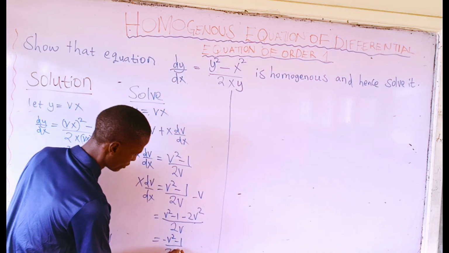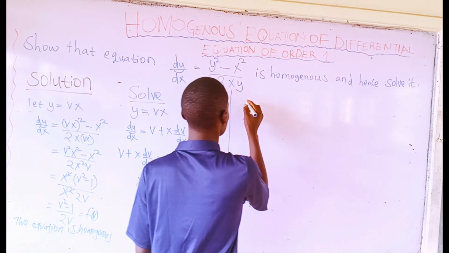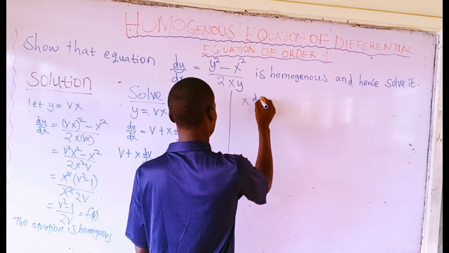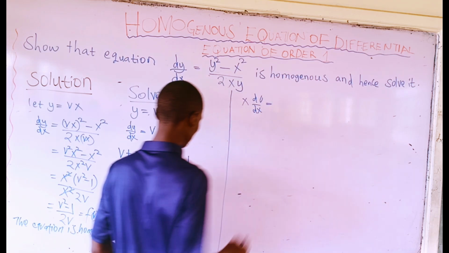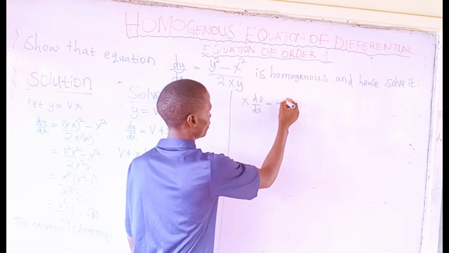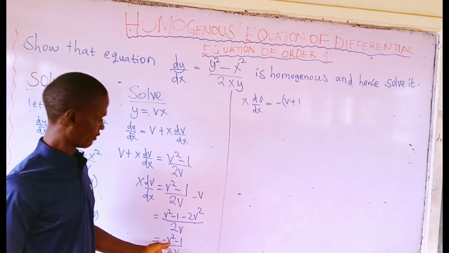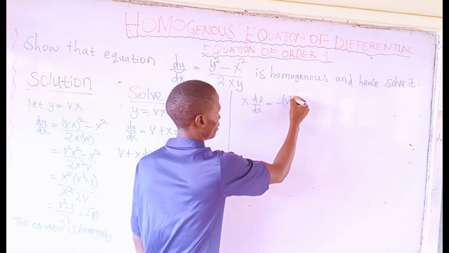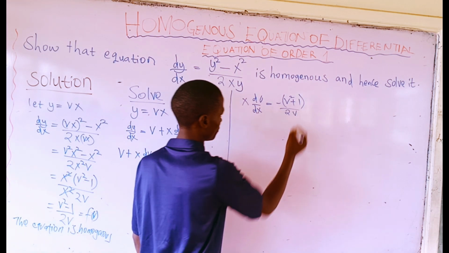After writing this equation, the next step we are going to factor out the negative sign, which will be negative v squared plus 1 over 2v.